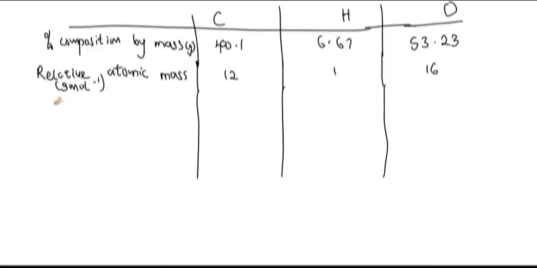For calculating moles, here I'll just say moles: here I will have 40.1 divided by 12, 6.67 divided by 1, 53.23 divided by 16.